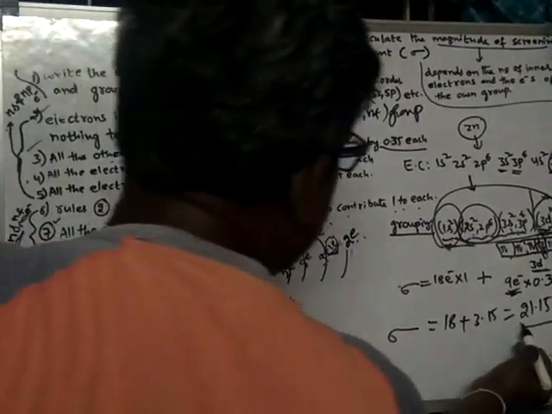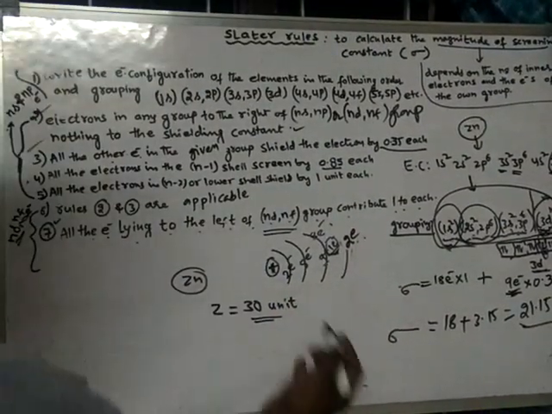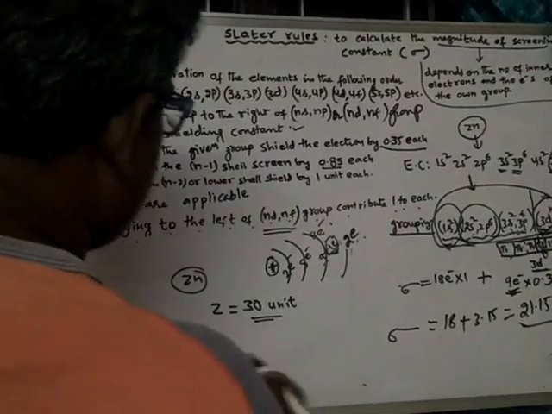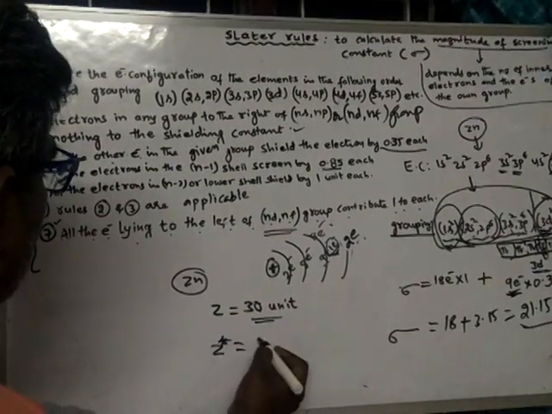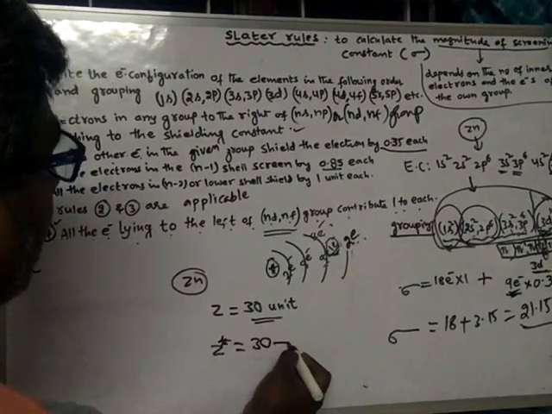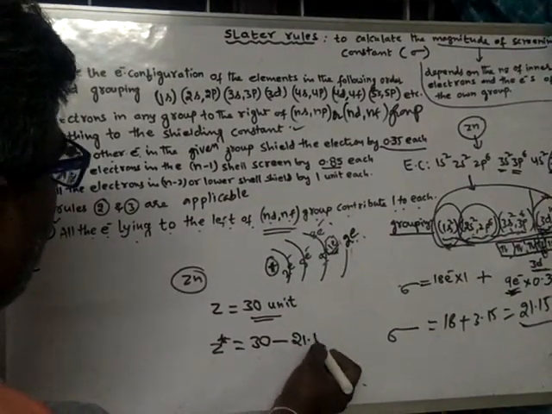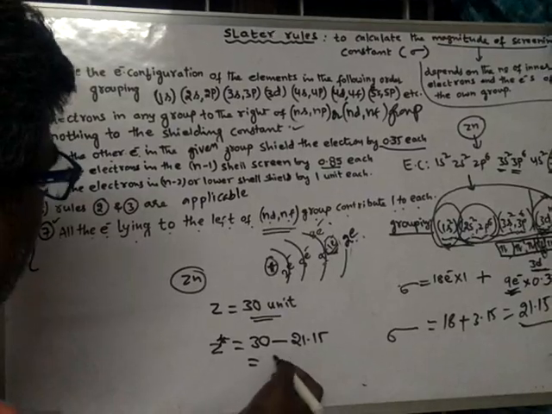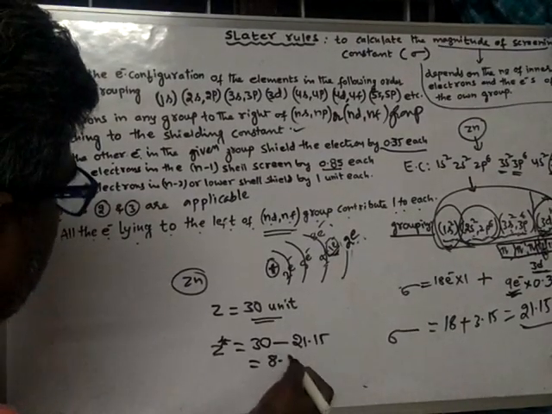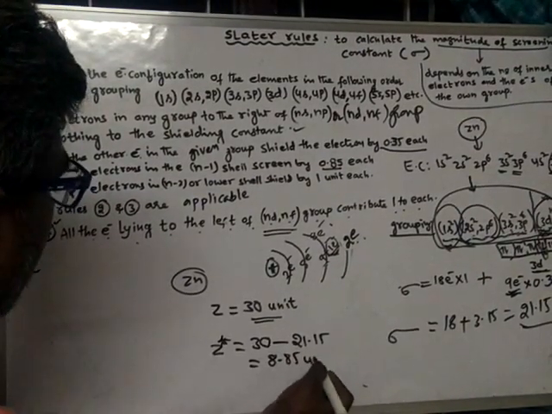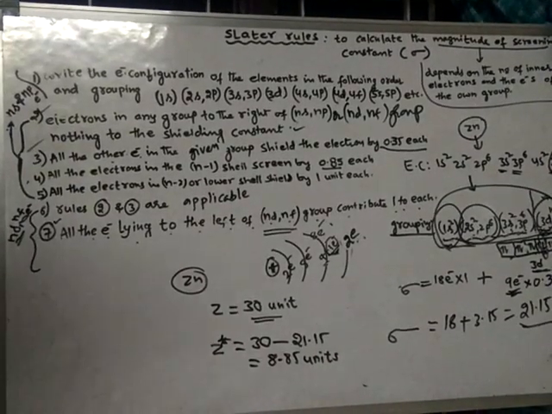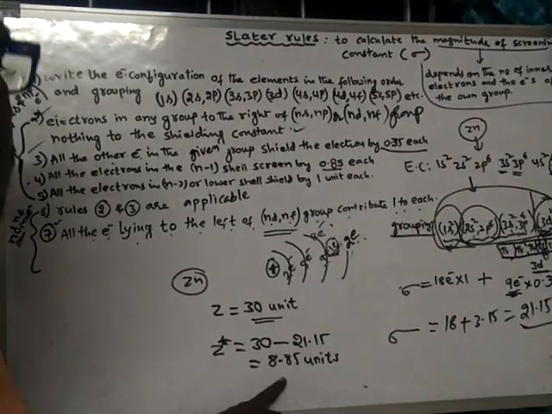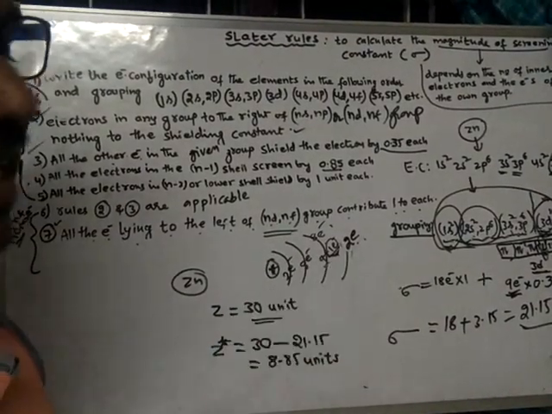But this force of attraction is reduced by these electrons. So the effective nuclear charge will be 30 minus 21.15, which is 8.85 units only.